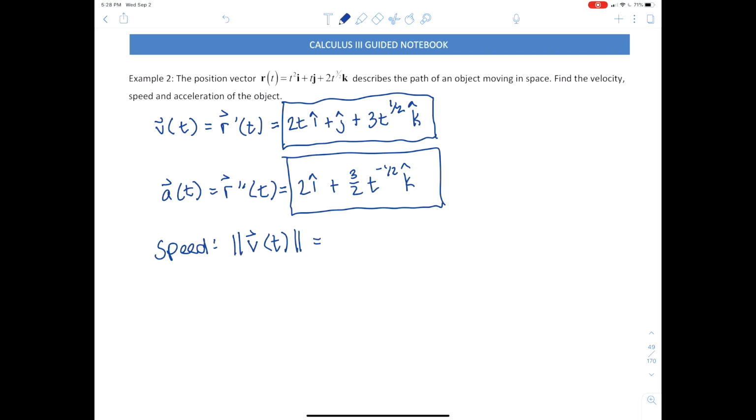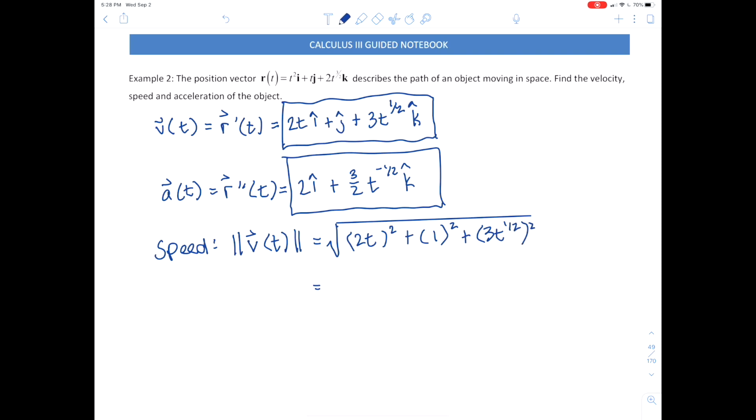So that's going to be the square root of, so we'll go back to the first one, 2t, the quantity squared, plus 1 squared, plus 3t to the 1/2 squared.